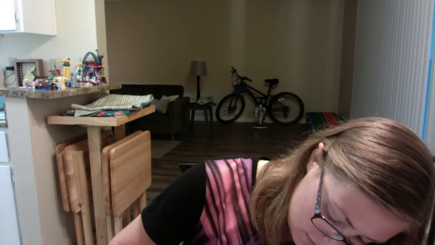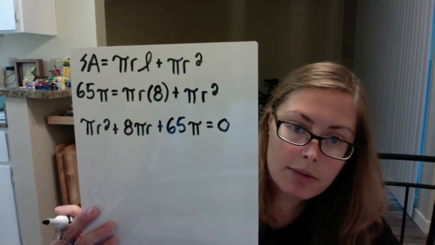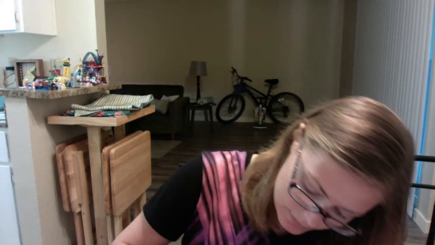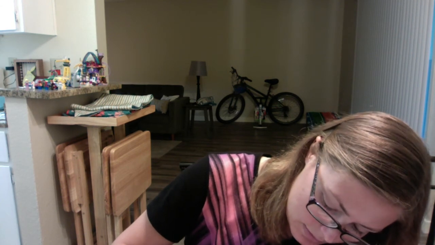And everything to one side. So we have pi r squared plus 8 pi r minus 65 pi is equal to 0. Factor out a pi. So we have r squared plus 8r minus 65 equal to 0.